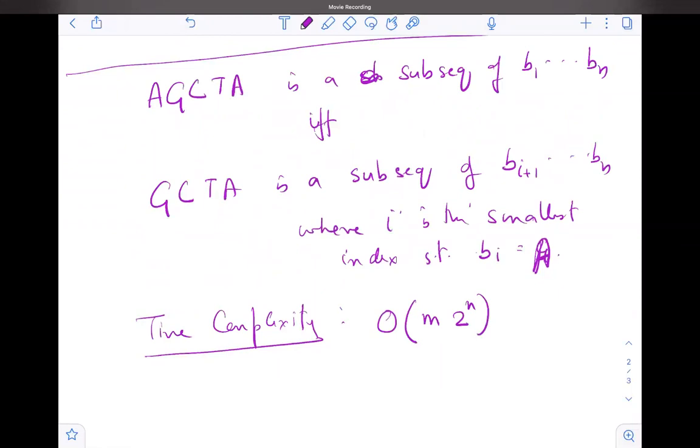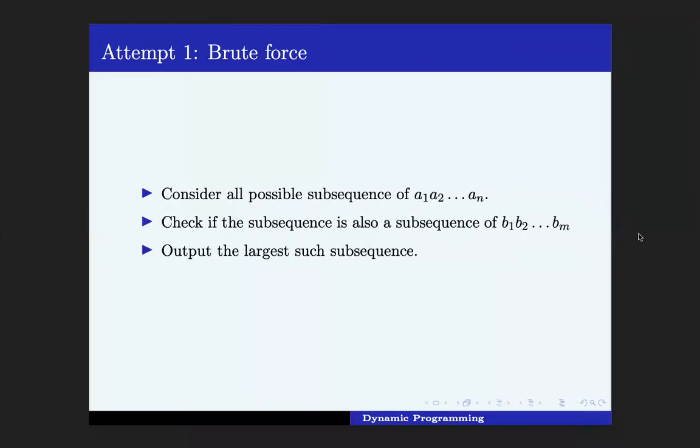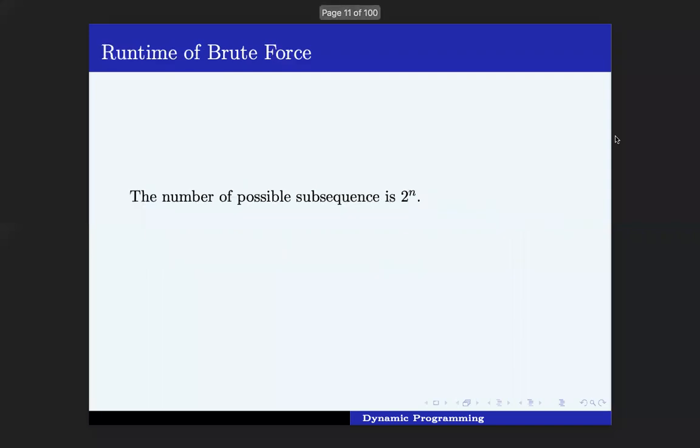This is not a very good time complexity, but using this much time you can do a brute force algorithm. There might be some cleverer brute force algorithm. The runtime should be m times 2 to the power n.